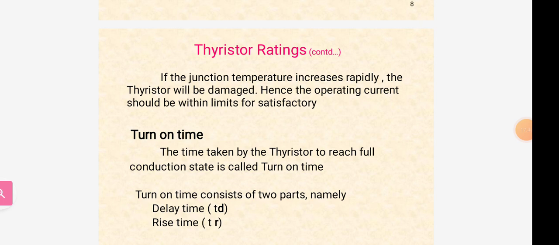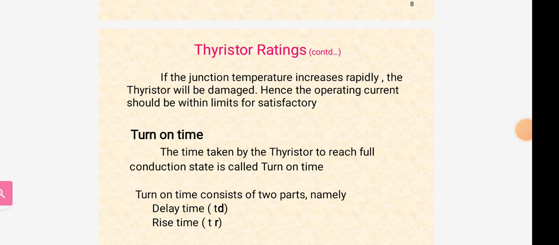So this is the last one, di by dt rating. The rating of a thyristor indicates the maximum rate of rise of current from anode to cathode without any damage to the device. When a thyristor is turned on, the conduction starts at a place near the gate.